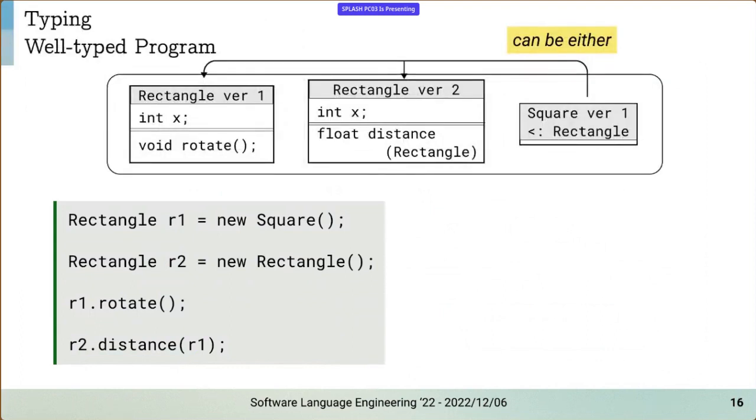First, we have this program, and we have the class definitions above. We have two different classes, rectangle version 1 and version 2. The difference between them is that version 1 has a rotate and the second one has a distance. We have a class square that extends rectangle.